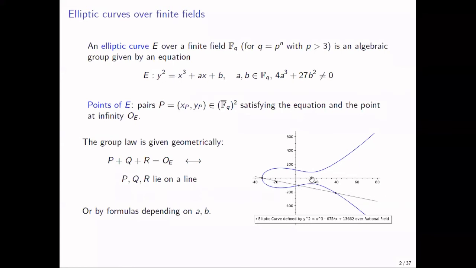There's also a way to write down the formulas for the group law, but we will not need it for anything. It's just good to keep in mind that if you want to add two points, there's a formula for it, and the formula only uses the coordinates x and y and the coefficients a and b.